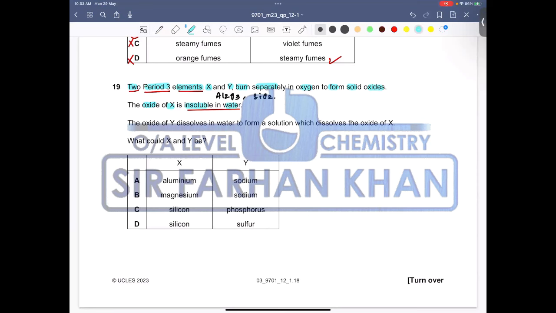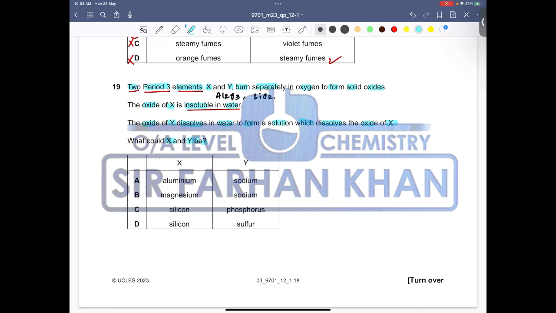Let's read the question again. The oxide of Y dissolves in water to form a solution which dissolves the oxide of X. So X can be aluminum or silicon, but Y is soluble in water. What could X and Y be?